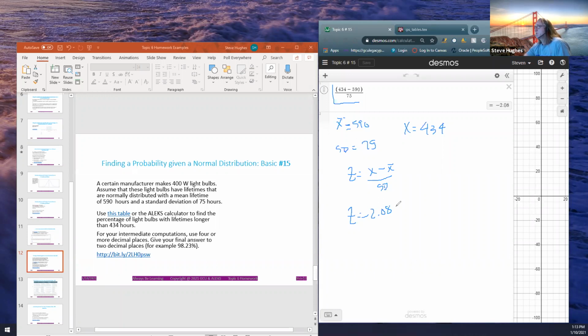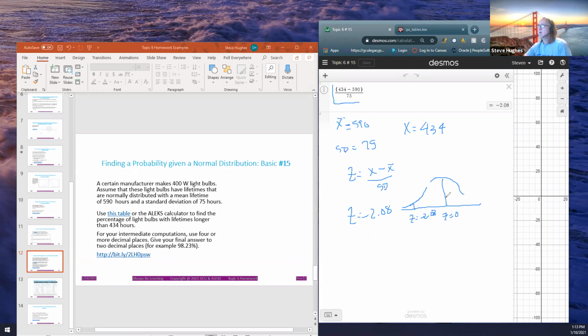Everybody, just remember, draw yourself a little picture. This is Z equals 0, and here is Z equals negative 2.08.